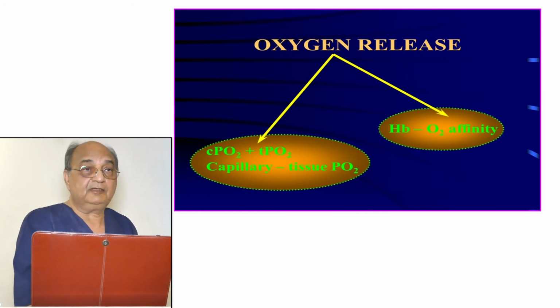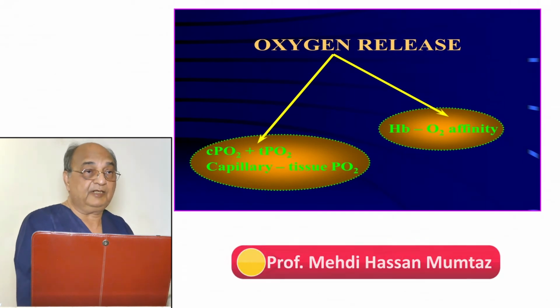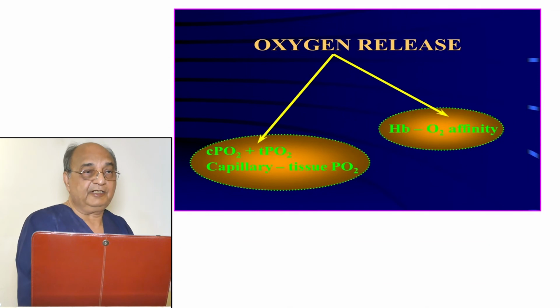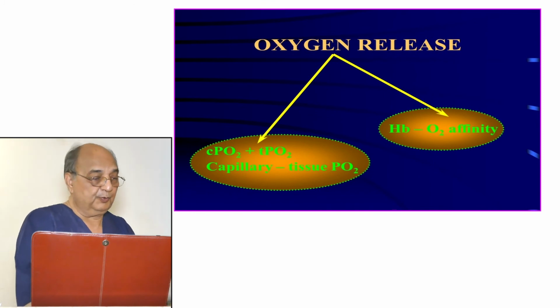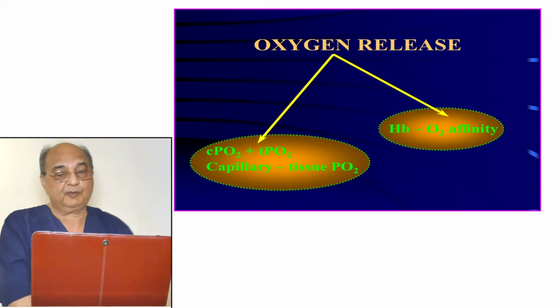This is the reason: if there had been mitochondria in the RBC, it would have died in the uterus, because there would not be any pressure gradient between the plasma PCO2 and the RBC PCO2. So due to the pressure gradient, the carbon dioxide goes into the RBC.